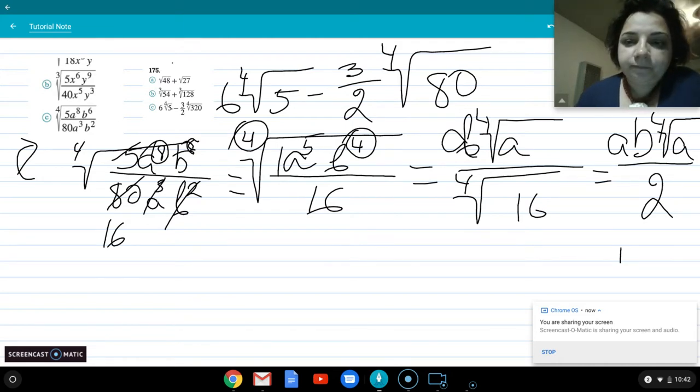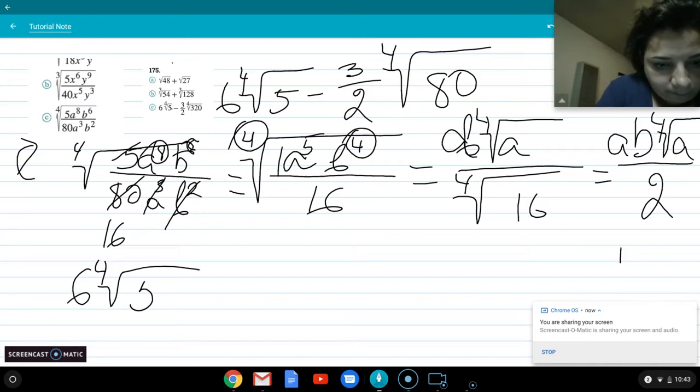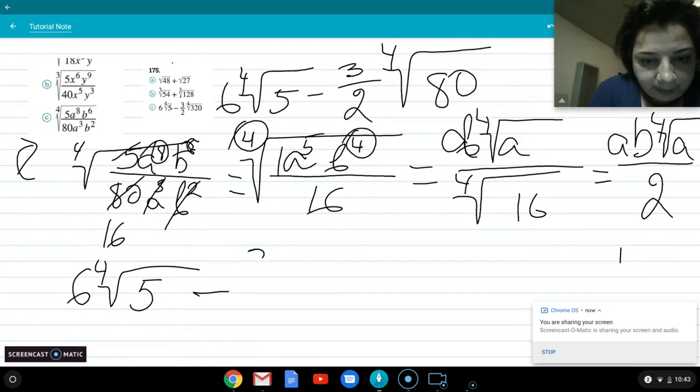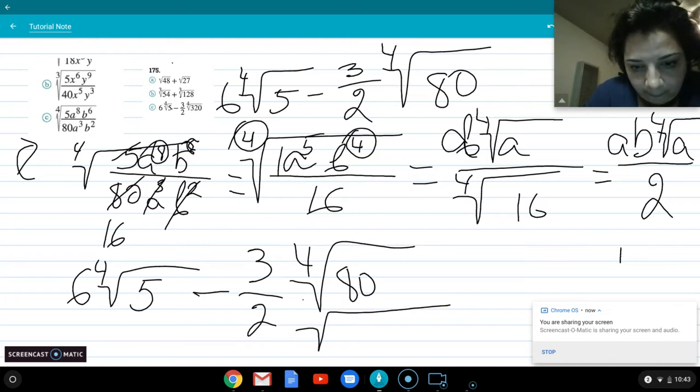What you do here is you find a factor of 80 that is a perfect 4th power. When you do that, you'll see that 6 times the 4th root of 5 minus 3/2 times the 4th root of 80 is actually the 4th root of 16 times 5.